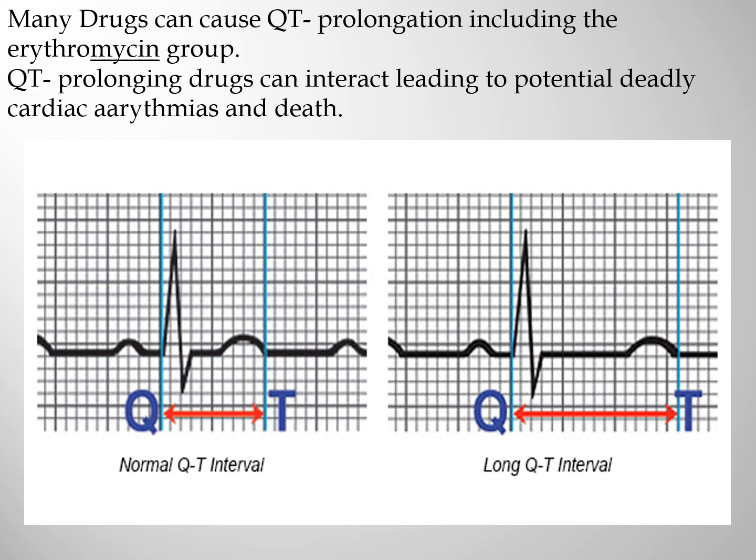And in this particular case, it's a ventricular tachycardia called torsade de pointe. It's just how the ventricular tachycardia looks on an ECG that we call it torsade de pointe.